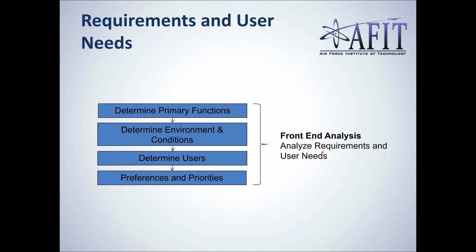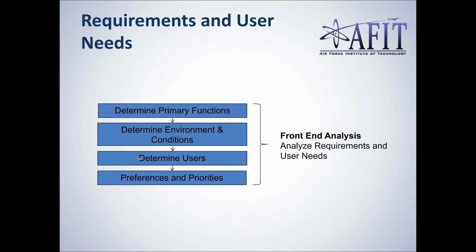At the very front end, the thing we're trying to do is determine what the overall goals the users have are, and what functions we need to support those goals. What are those high-level functions we need to support the goals? We're going to determine things like the environment and conditions, which provide limitations upon the way that we're going to actually implement these functions and achieve these goals.